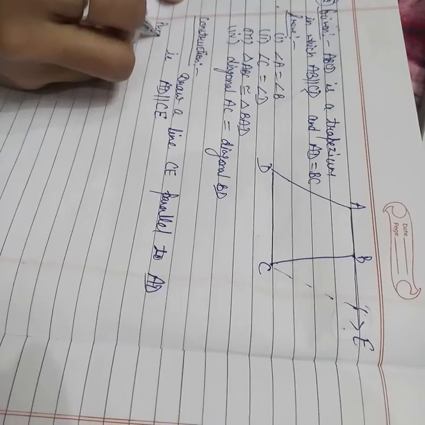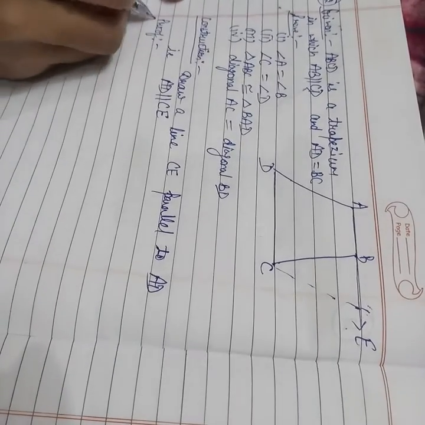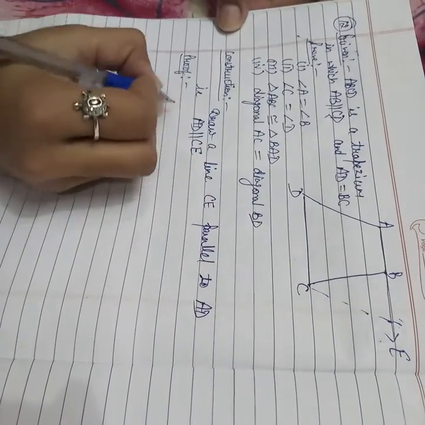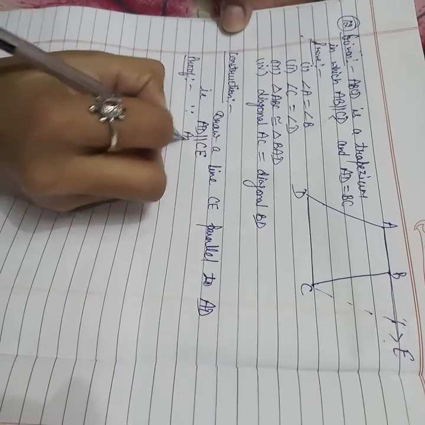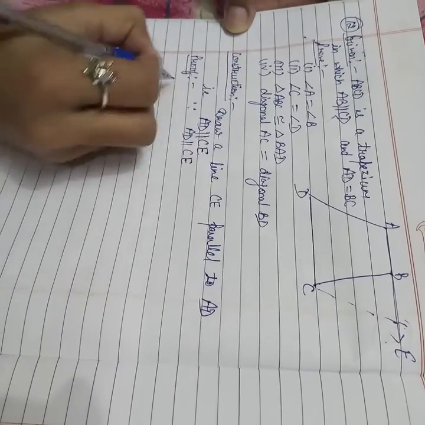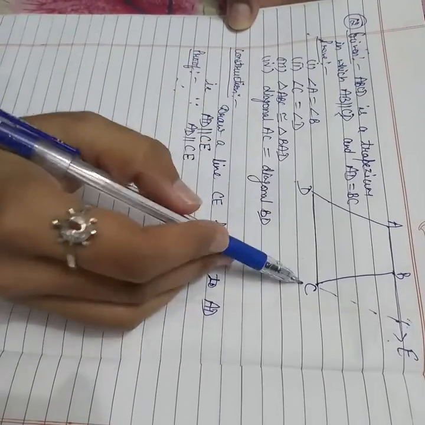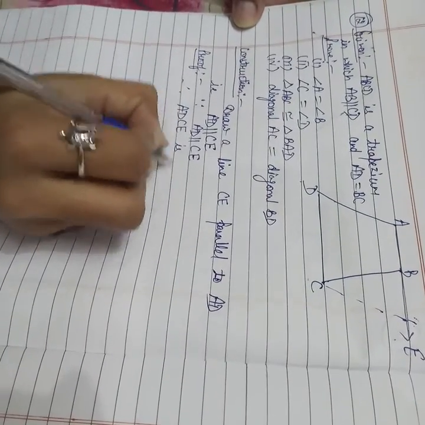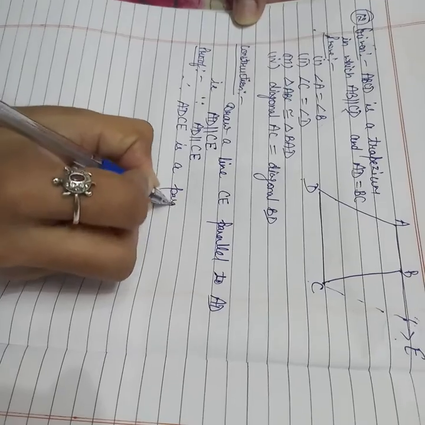Now in proof, because AD is parallel to CE, therefore ADCE is a parallelogram.